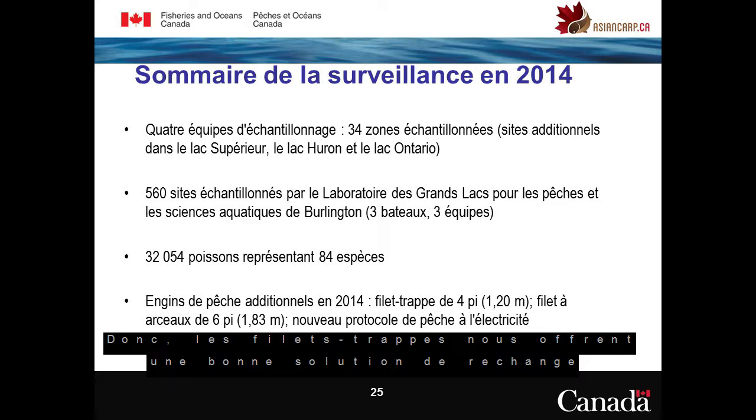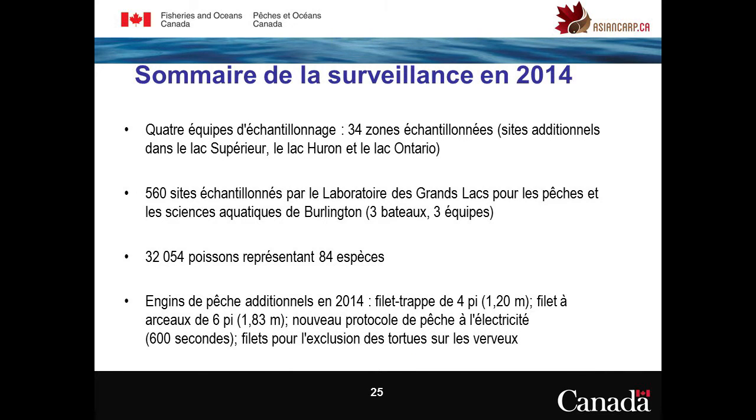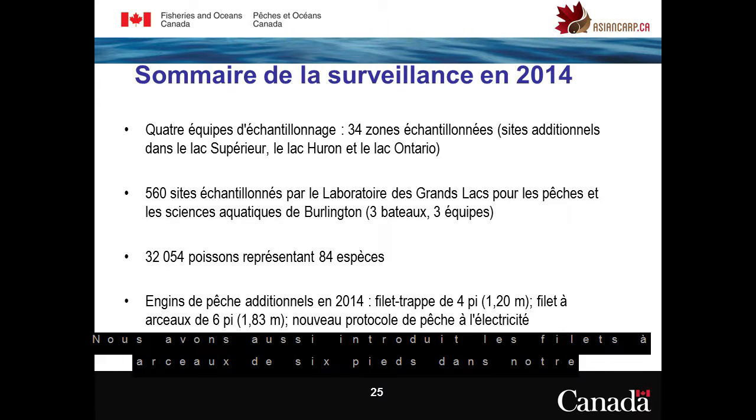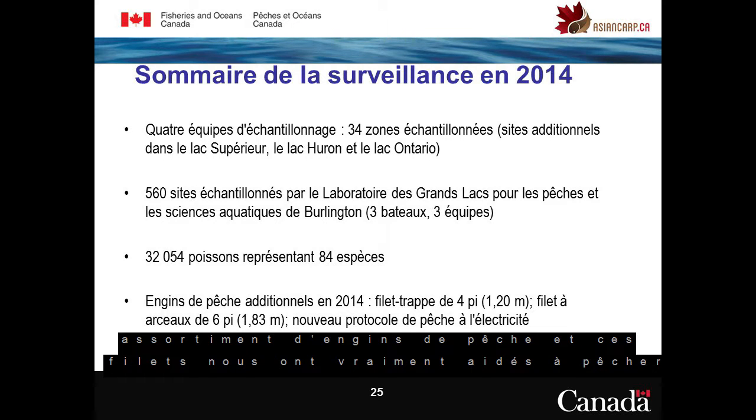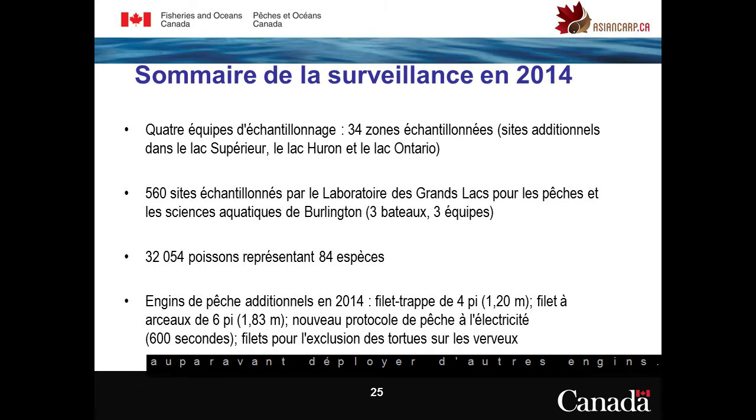So the trap nets provided us with a great alternative to setting as many gill and trammel nets. We also introduced 6-foot hoop nets into our assortment of gear types, and these nets really helped us to be able to fish in those deeper flowing waters where we weren't able to previously deploy any gears.